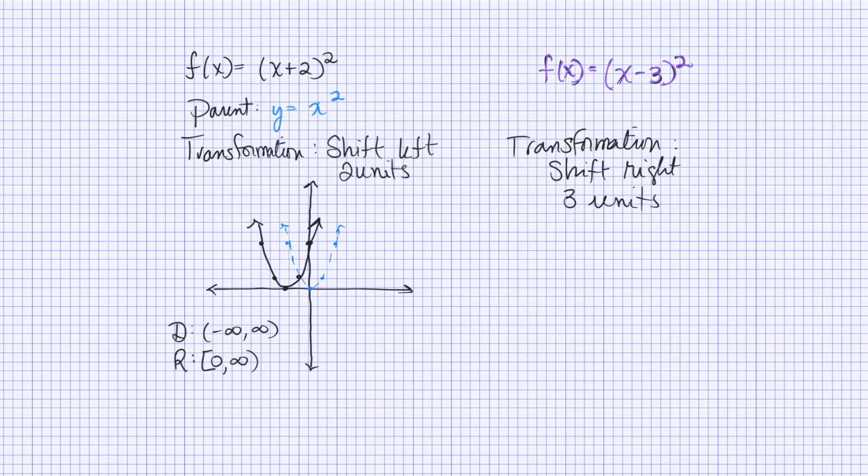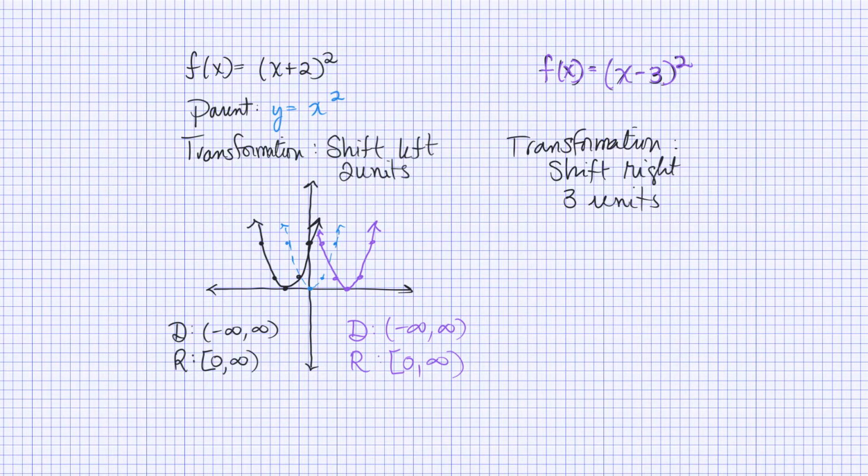So I'm going to take each and every one of these points in my parent function and shift them right 3 units. So there's that transformation. Again, the domain on that one is all real numbers. Shifting it left and right is not going to change that. And the range is 0 to positive infinity because there was no vertical translation at all.